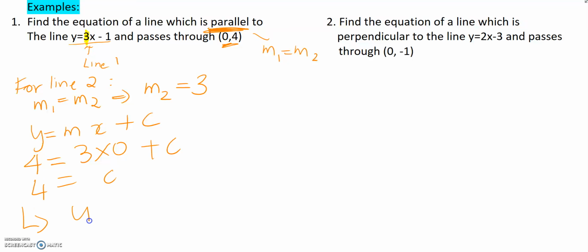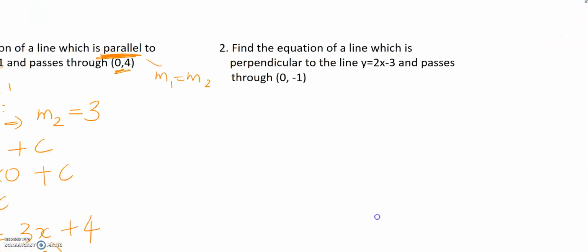So that gives us the equation as y equals 3x plus 4. And that's the equation of line 2.